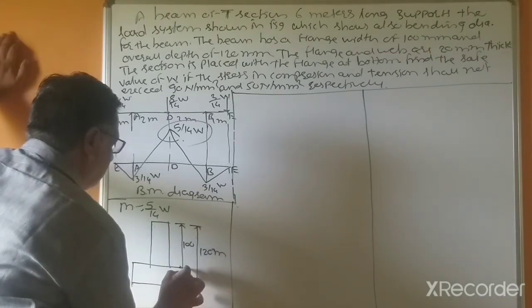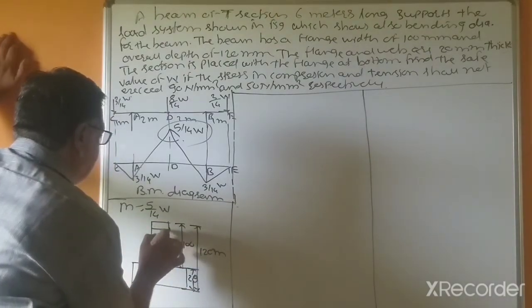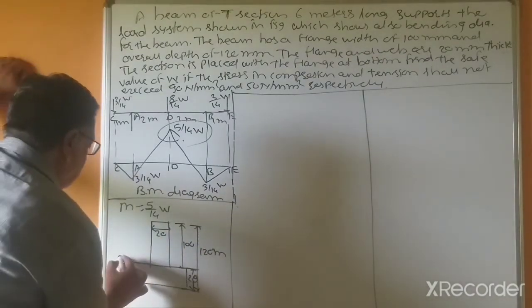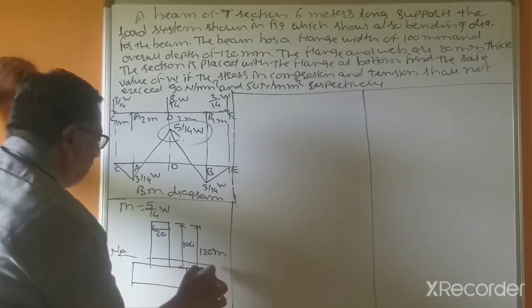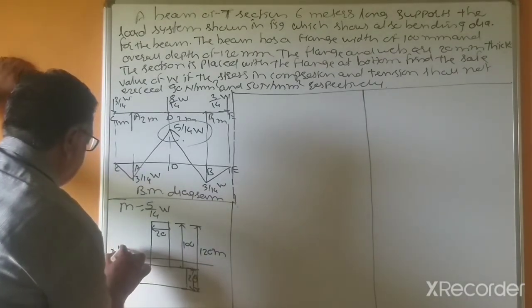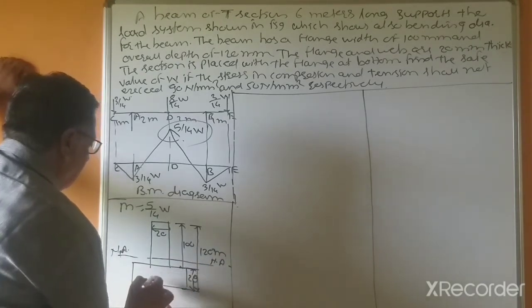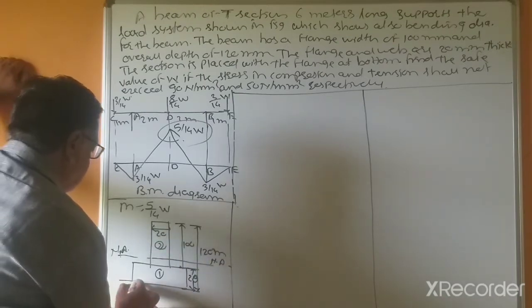And this is 20. This is also 20. Now here may be the position of the neutral axis, NA. Suppose this is first and this is second, and this is the reference line.